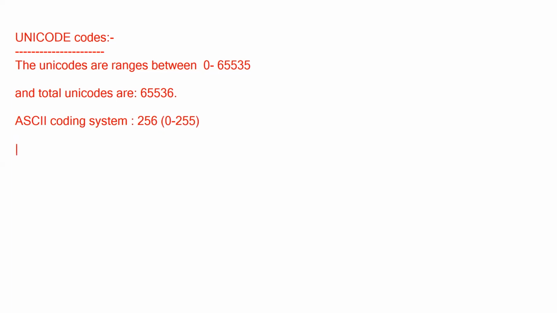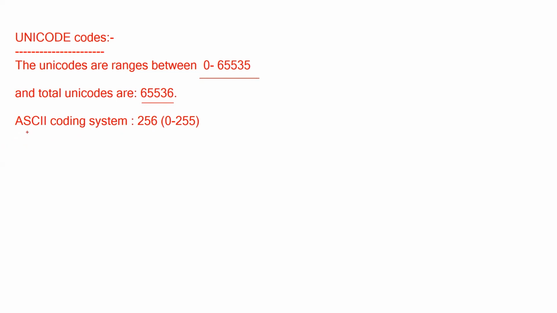So the ASCII coding system is used for representing only English letters, but Unicode can be used to represent any language character. That's why its number is more, and range is also more.